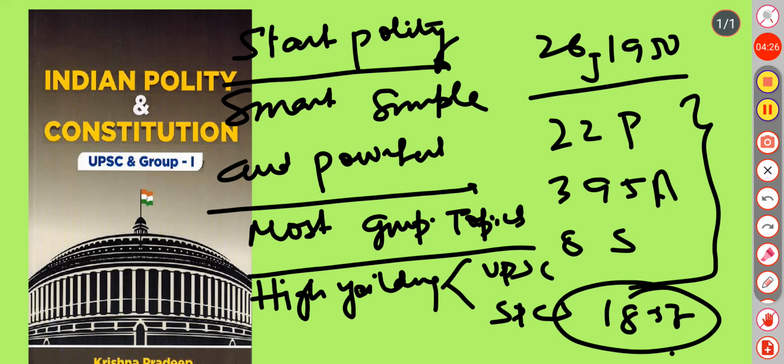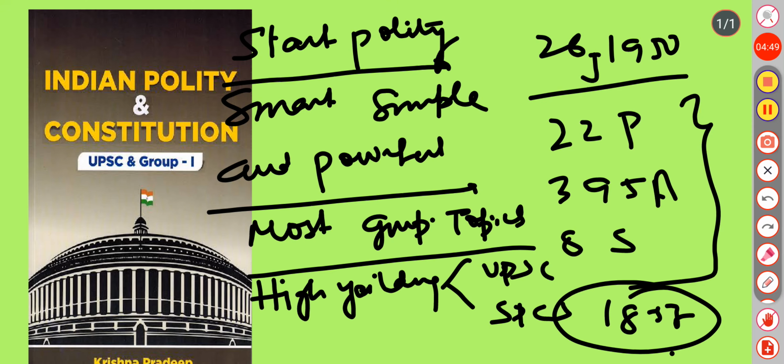Now move to the Charter Act of 1793. Under this act, it was provided that the salary of the members of the Board of Control would be paid from Indian revenue, right? The next act was the Charter Act of 1813.